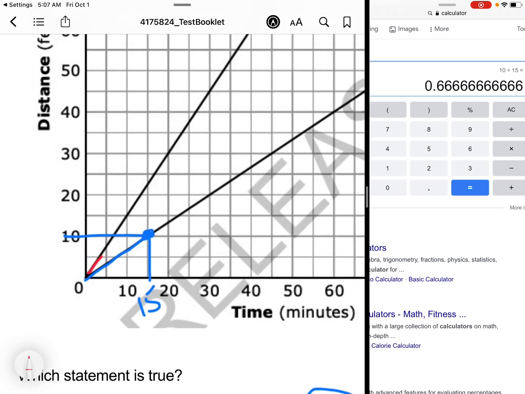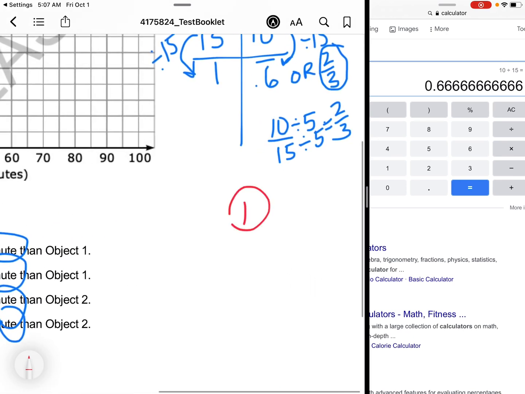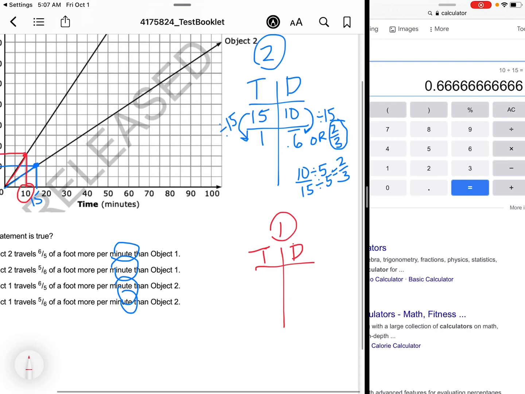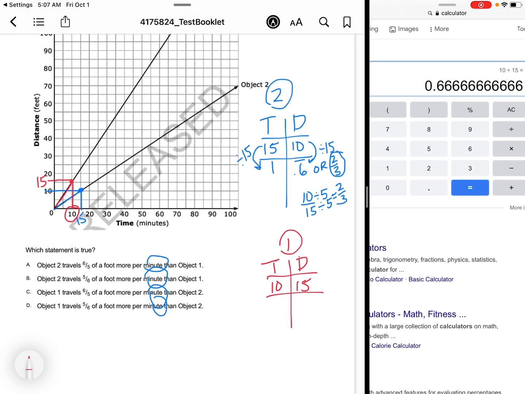So then again, I'm looking for a point in the crosshair right there. So I have 10, and this time it's 15. So this is object 1, and the time and the distance. So this time in 10 minutes, the object went 15 feet.